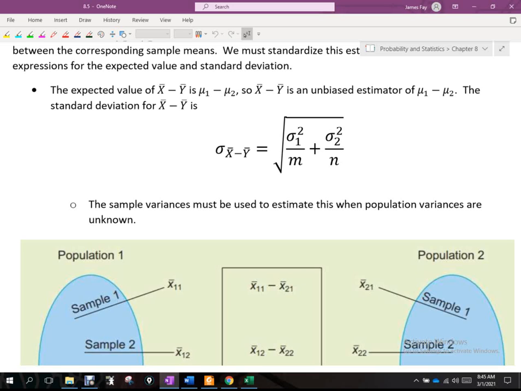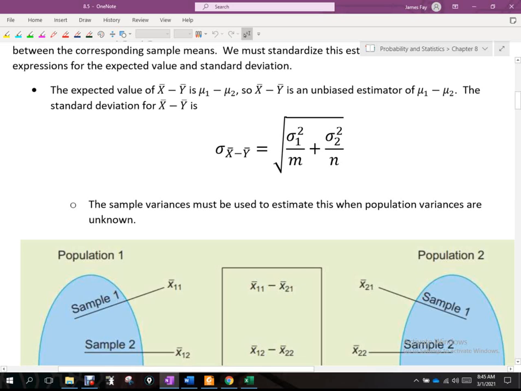All right. Now, because we're trying to estimate the population, if we don't know the population standard deviation, if that's not given to us, then what is a good replacement for it? The sample standard deviation. So we could replace that sigma squared with S squared.